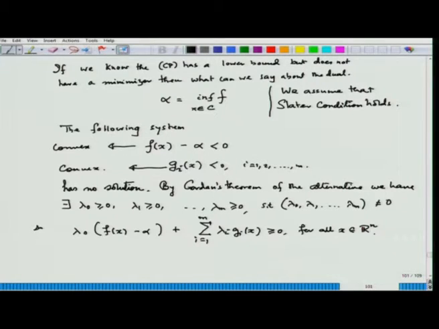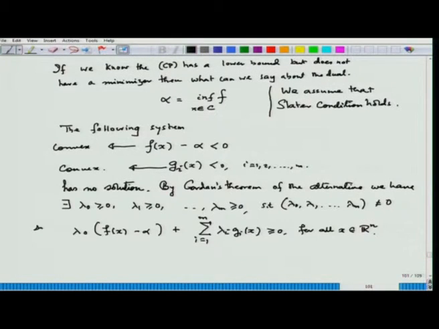Now, you see I will assume that lambda naught is 0. Because of Slater condition, I am trying to prove that lambda naught is strictly greater than 0, but we will go by the reductio ad absurdum procedure of mathematics, or proof by contradiction.